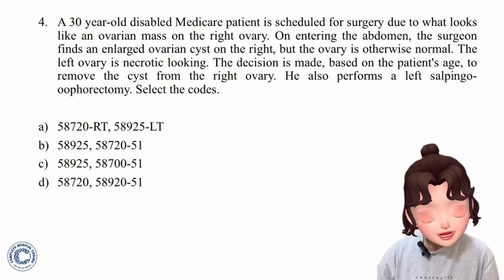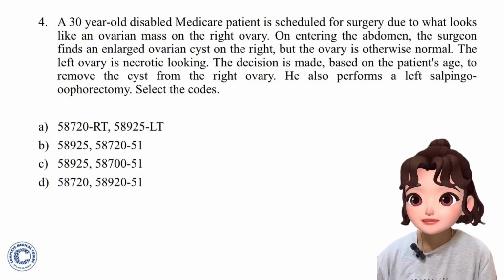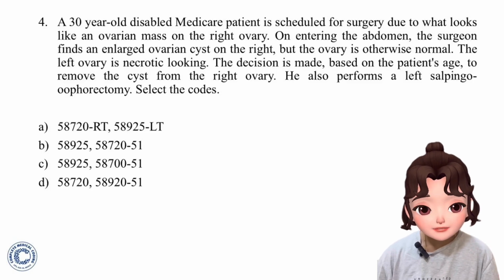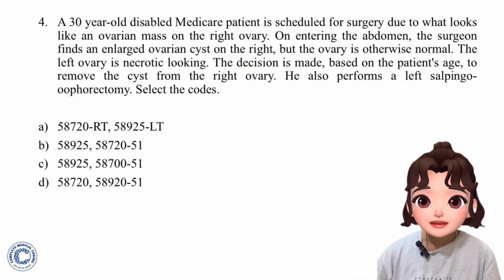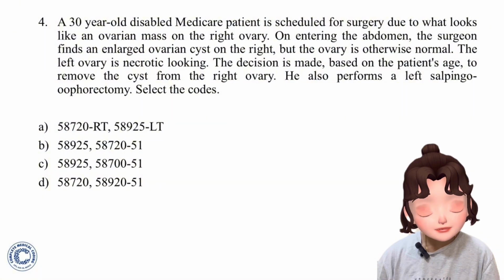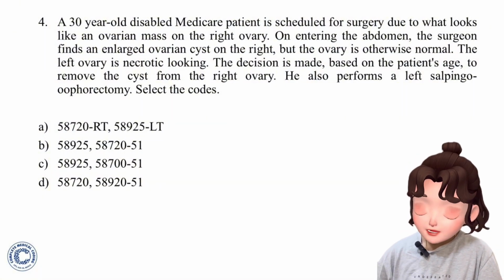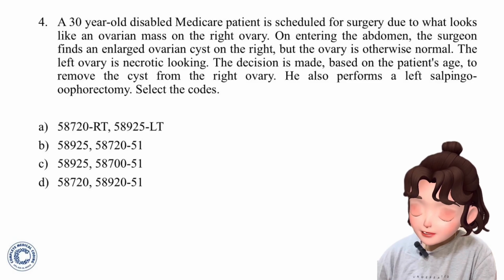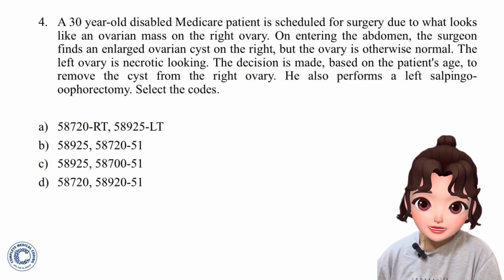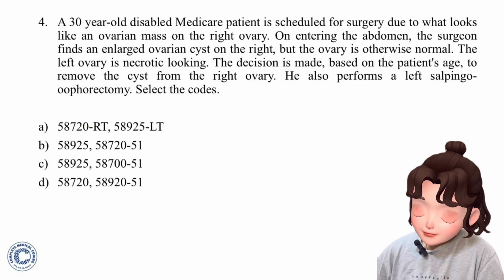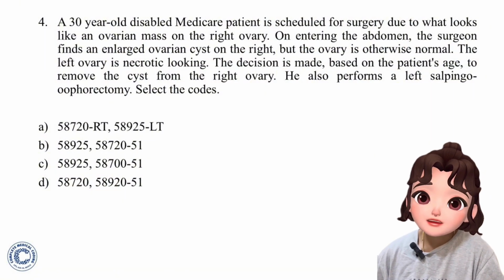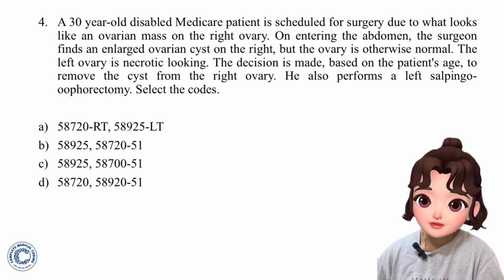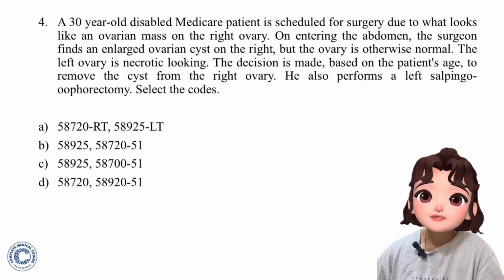What is 58925? 58925 is ovarian cystectomy, unilateral or bilateral. And 58720 in option B is again the same, salpingo-oophorectomy, complete or partial, unilateral or bilateral, appended with a modifier 51. You can append it with modifier 51 to show that it's a multiple procedure. So salpingo-oophorectomy is carried out, and what else?